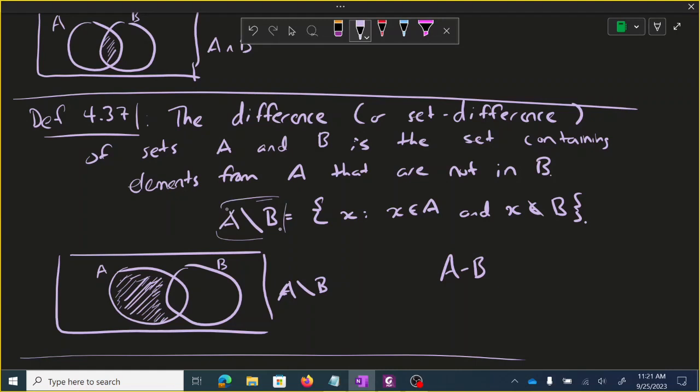And it's x such that x is in A and x is not in B. So that's all these right here. You're in A and you're not in B.